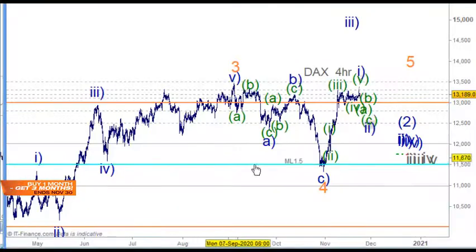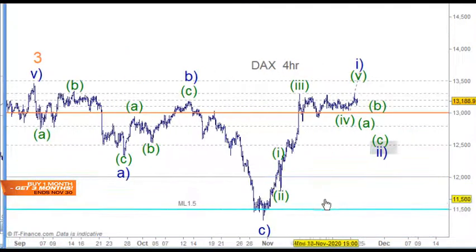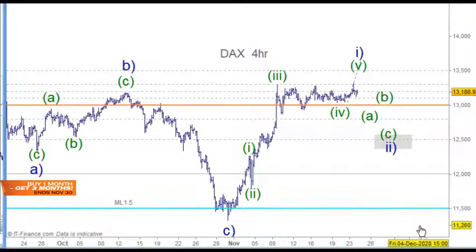This is our original thoughts here as 1 and 2 and 3 here and 4 and 5 here, and looking for this ABC pattern here. I suppose, just to recap this bit, if we get support on top of the 300, the 13,300, well, then we know that we're going higher at that stage.